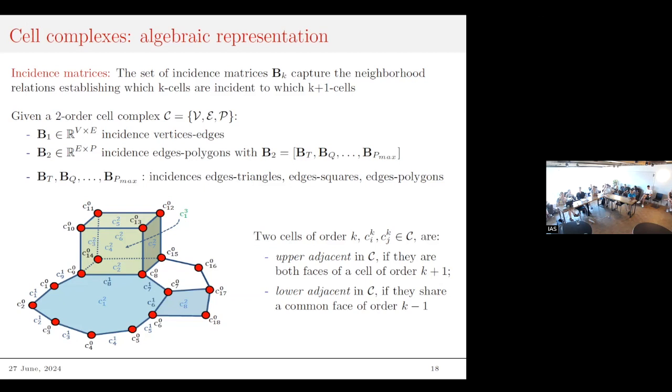Usually we use tensors to connect levels that are not one after another. No, I am not using tensors. I have this matrix here. B2 is a matrix that is able to encode all the incidences between the edges and the second order cells.